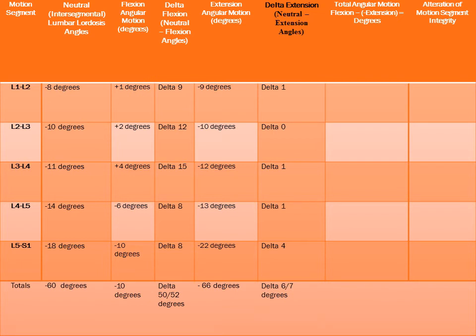And by doing our analysis first, by comparing flexion and extension to the neutral lateral, it gives us an idea where those losses of motion segment integrity lie. In this case, it appears that they lie in the movement of lumbar extension, because there's very little movement of the spine in lumbar extension.